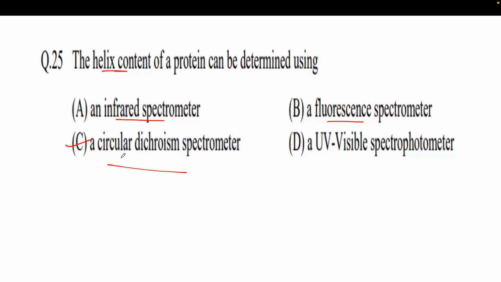Helix content we generally identify using circular dichroism, so that will be the correct answer.